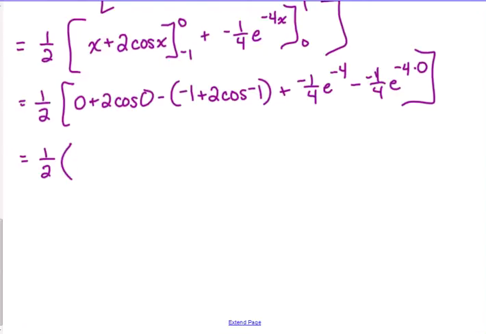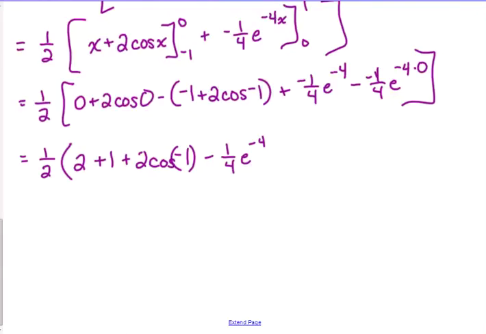Obviously, the cosine of 0 is 1, so that next value is 2. We're subtracting a -1, so we add 1. We can't do anything with the cosine of -1 without a calculator, so we've just got to leave that as it is. Same thing with e to the -4. We can't really do anything with it without our calculator.